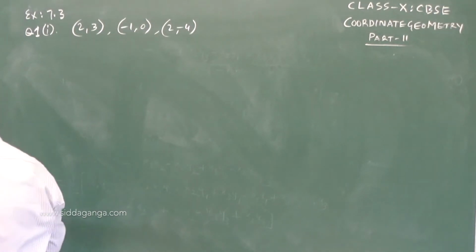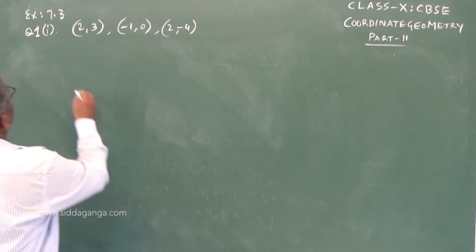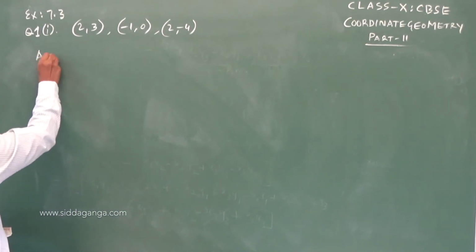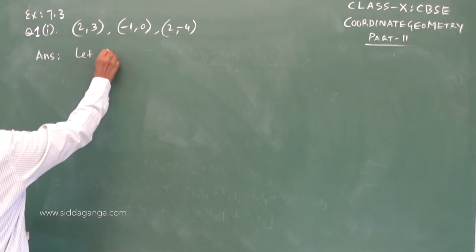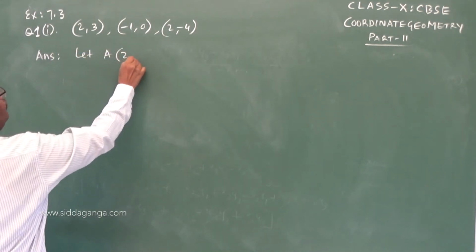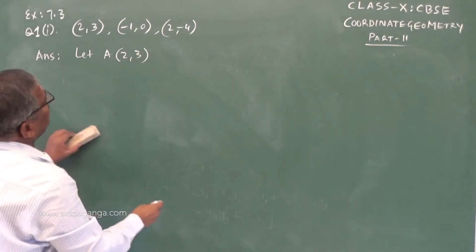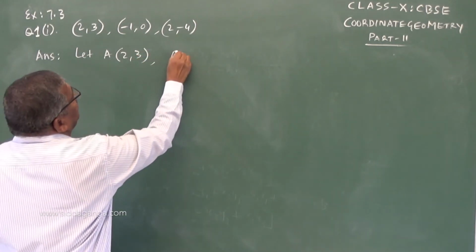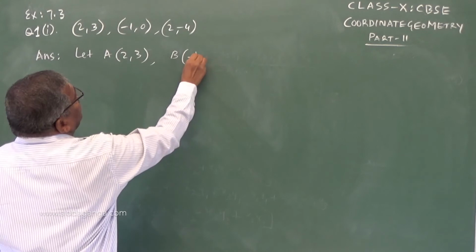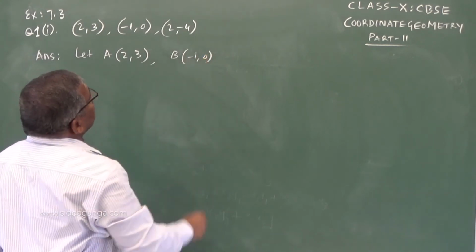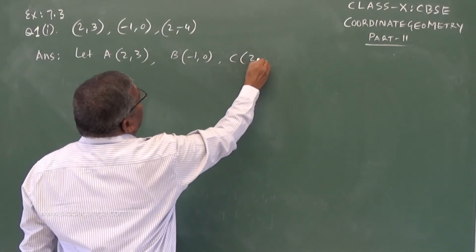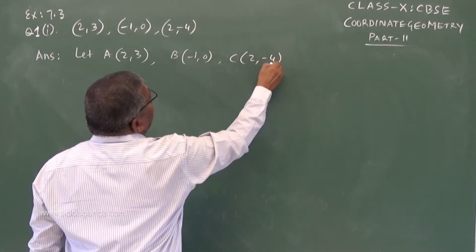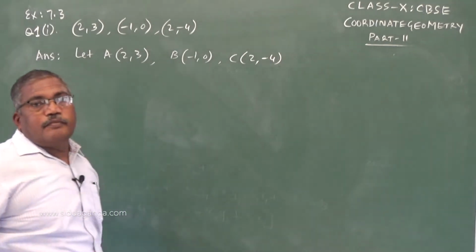So, answer: let the first point be A (2, 3), B (minus 1, 0), and C (2, minus 4).